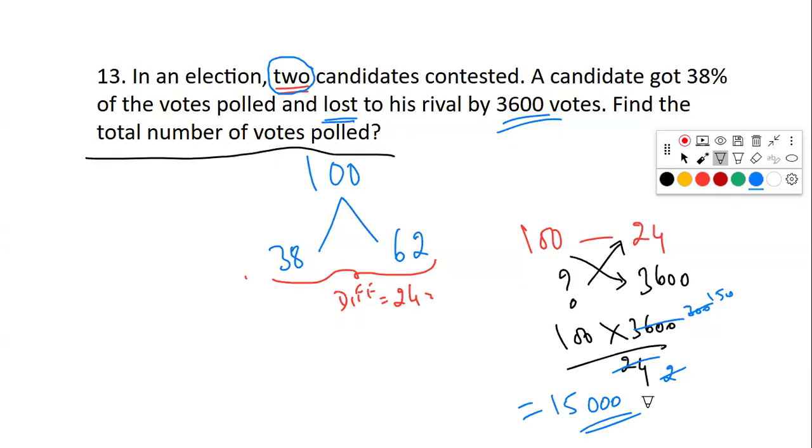Logical thinking. Out of 100, one gets 38, the other gets 62. The difference is 24. That means out of every 100 votes, the difference is coming to 24. But if the actual difference is 3,600, what is the total number of votes? Got it? Okay, so let's go forward now.